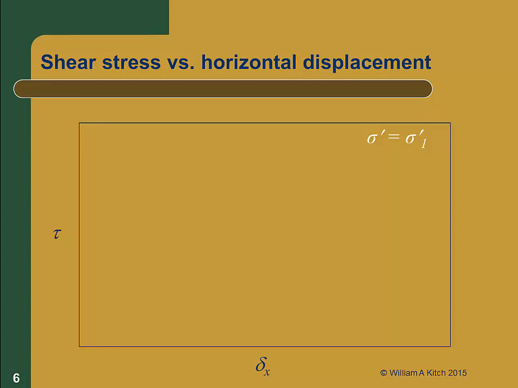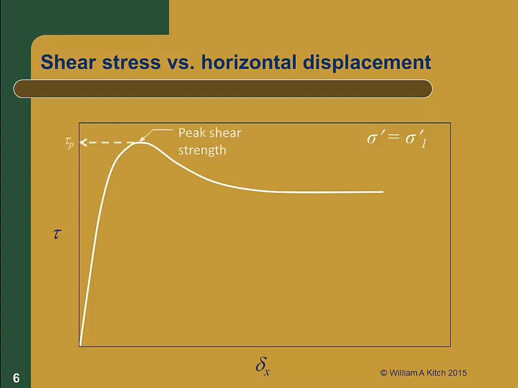Depending on the nature of the soil being tested, the plot of tau versus delta x will have one of two shapes. In one case, the applied shear stress increases to a peak level, then decreases with additional displacement, finally reaching a plateau. In this case, the greatest shear stress measured represents the peak strength and the value of shear stress at the lower plateau represents the residual strength.